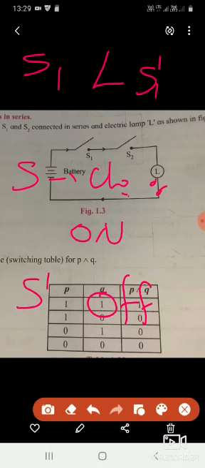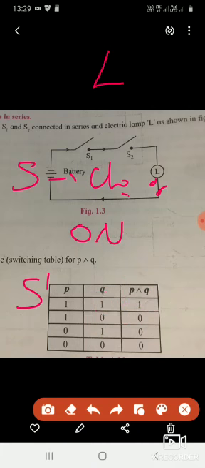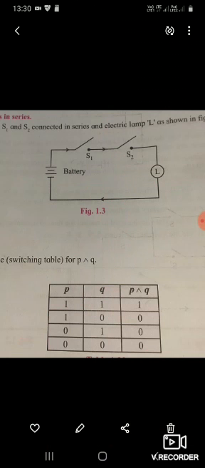Now listen, symbolic logic can be used to represent a circuit by a statement pattern.